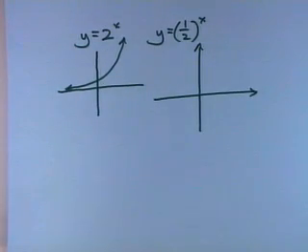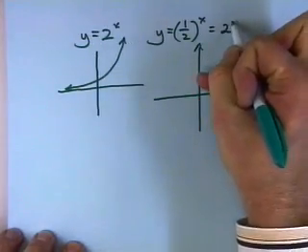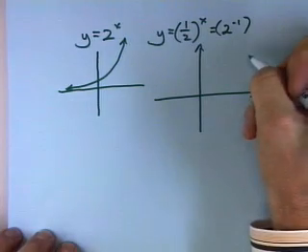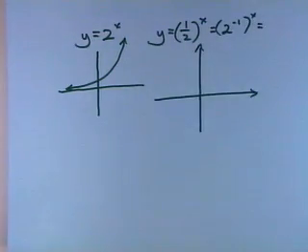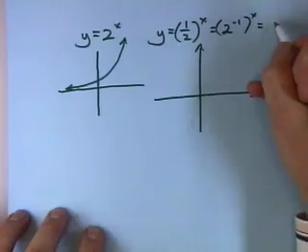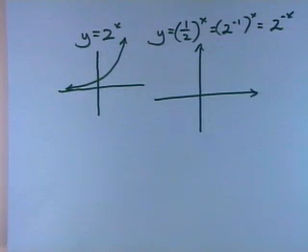Well, I don't want to mess with 1/2 to the x. Isn't 1/2 the same as 2 to the negative first? Is that right? And then what's 2 to the negative first to the x? 2 to the negative x. Now, does that help the cause? That helps me. I'd much rather graph 2 to the negative x, excuse me, than 1/2 to the x.